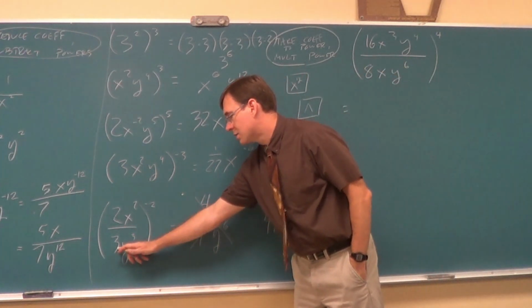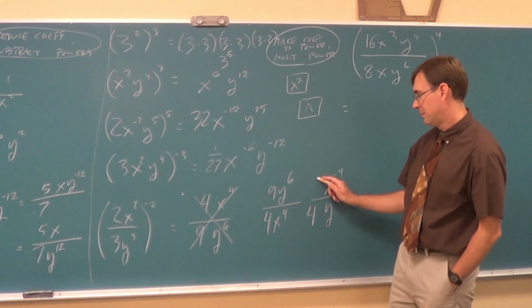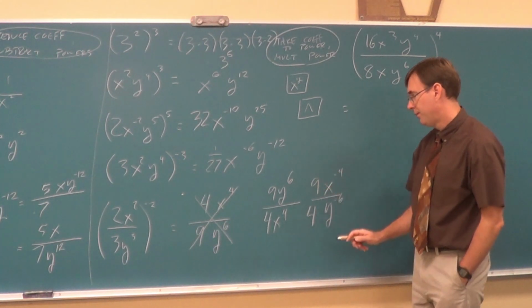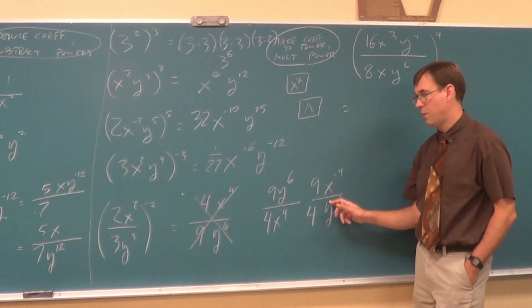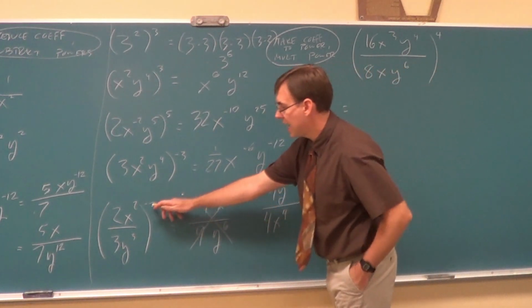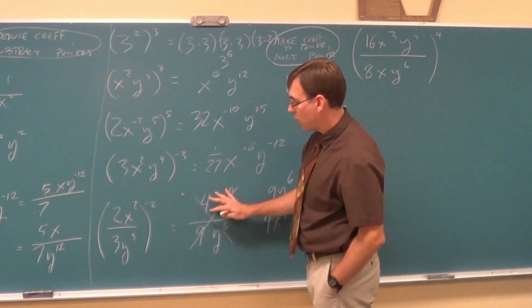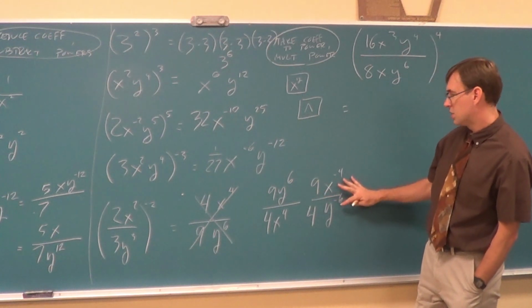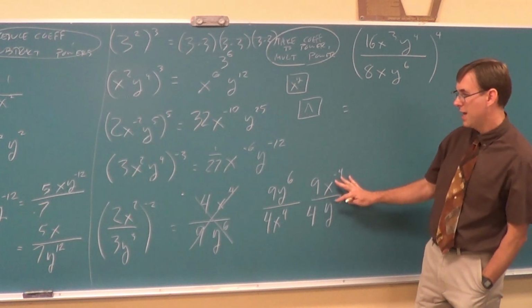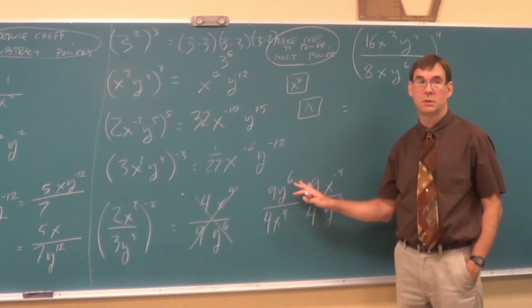The 3 that was on the bottom, when we square it, becomes 9, but it's got to be on the top. These two answers are the same. I wouldn't care personally what you gave me, okay? But if I introduce a negative, you've got to flip something. So you could either completely do the problem without the negative and flip everybody, or you could just leave the negatives on some of the multiplication power things and just flip the coefficients. I don't care about that.